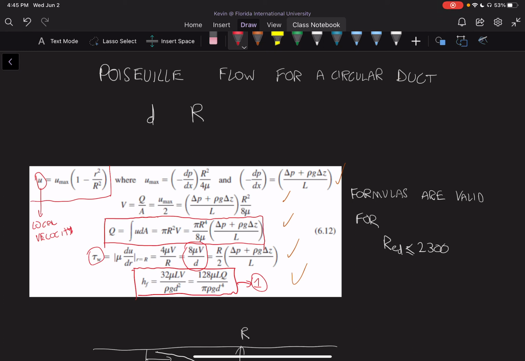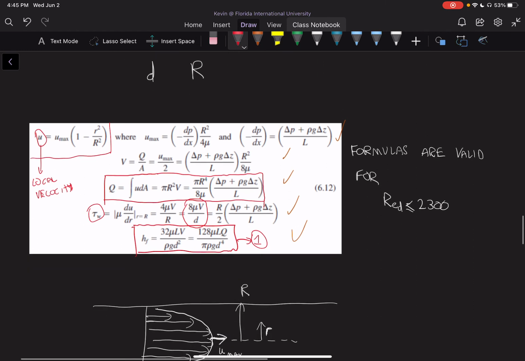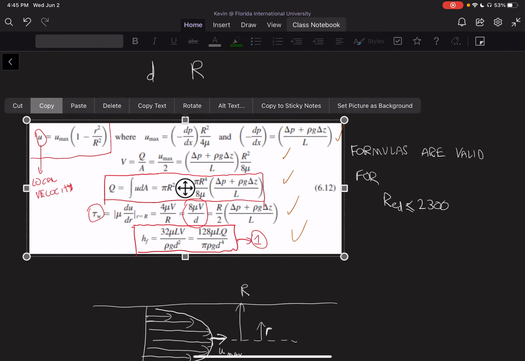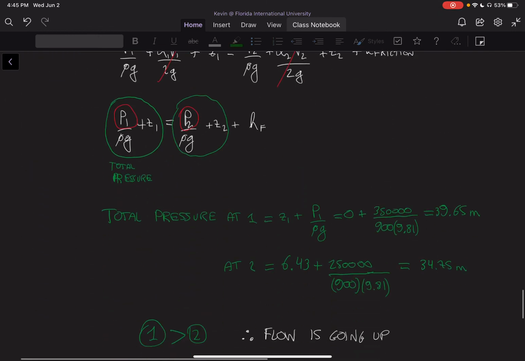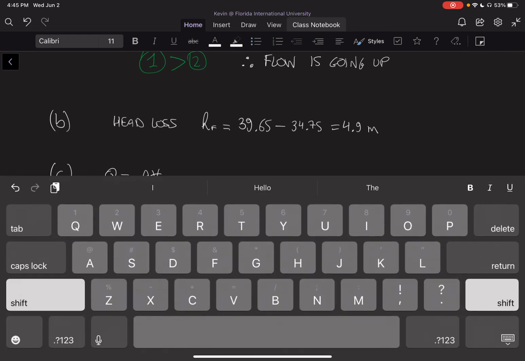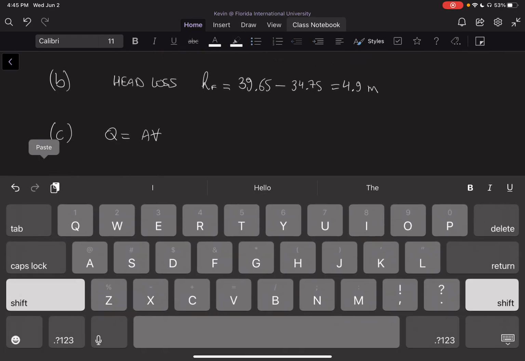Now we can also use the following. We can use that equation if we want to, and we do have delta P, we do have all the values, okay? The other equation that we can use, and let me actually copy over this here so that we have it in our actual question and it's not populated with other things.